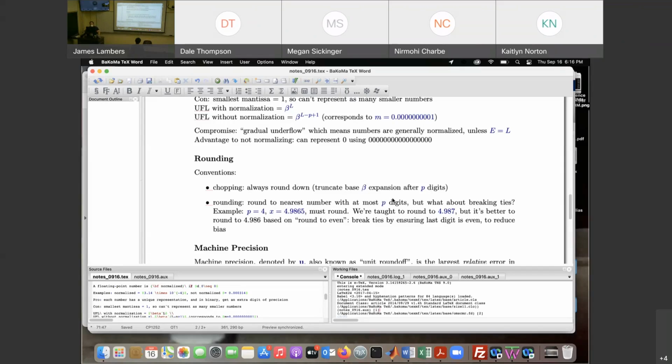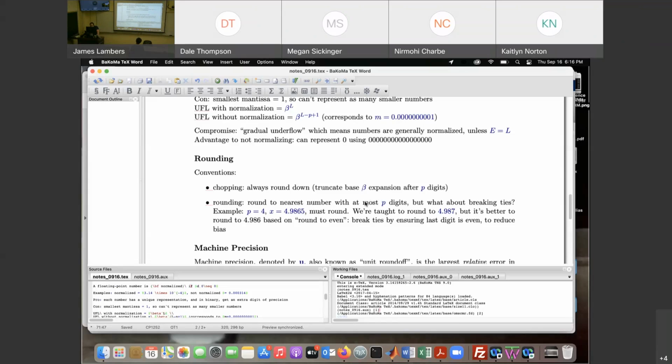But what if there's a tie between which number you can choose? How do you know whether to round up or round down? And I remember what I was taught in elementary school was if we have a number like, for instance, 89.5, we're supposed to round to the nearest integer. It could be 89 or 90. We were taught to round up, in that case, to 90.